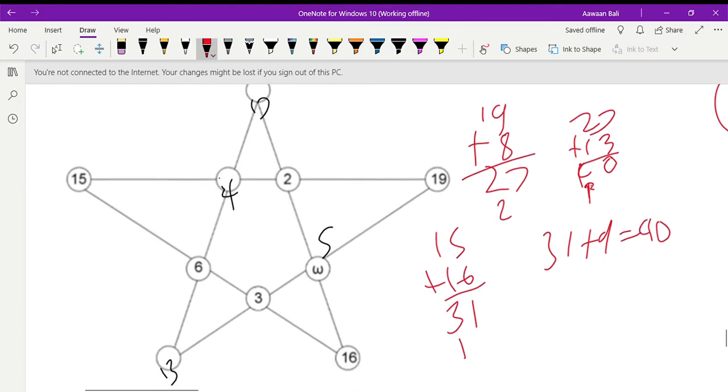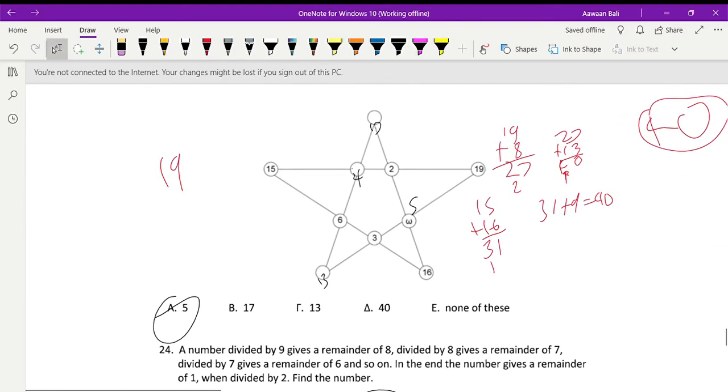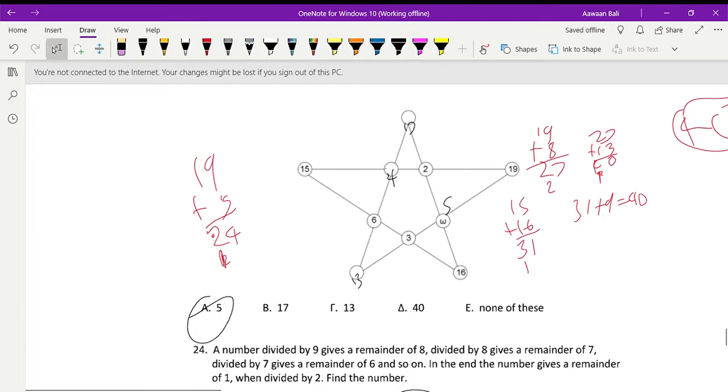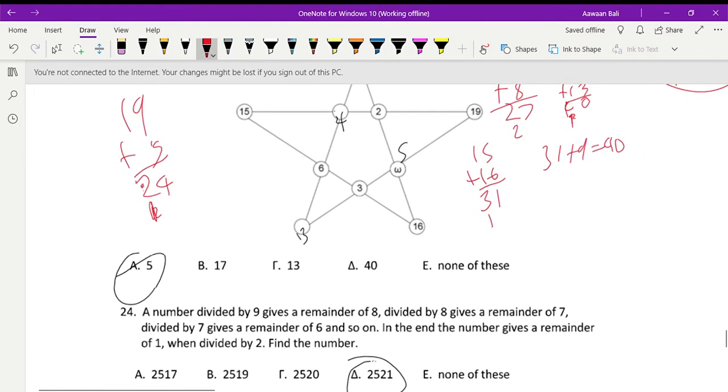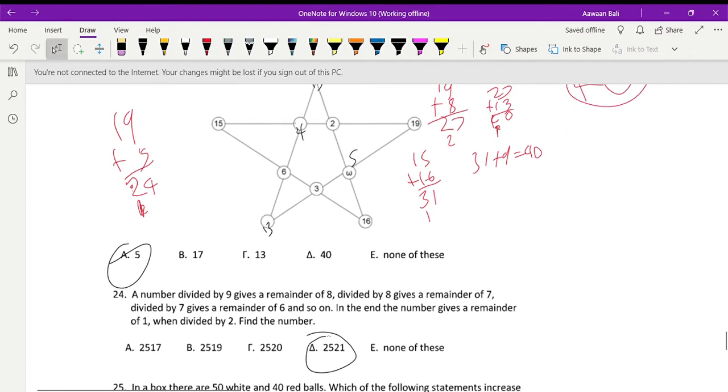And that'll work. 19 plus 5 is 24. And 24 plus 16 is 40 again. So that means that 17 will go here. And if this number and this number have a sum equal to 30, then you got it. Here it works. So that means the answer is alpha, 5.